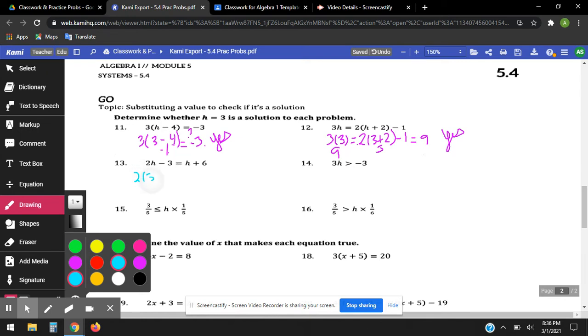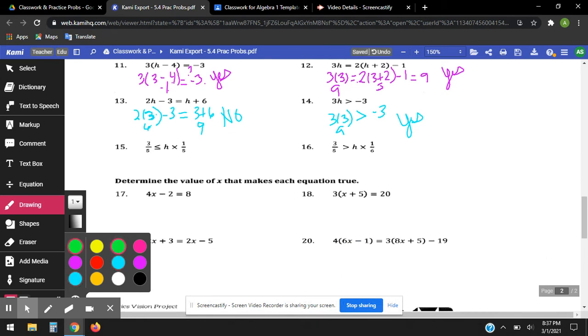All right. Next one. 2 times 3 minus 3, does that equal 3 plus 6? Well, that's 9. 2 times 3 is 6, minus 3 is 3, so this is a no. 3 times 3, is that greater than negative 3? Yes, 9 is greater than negative 3.